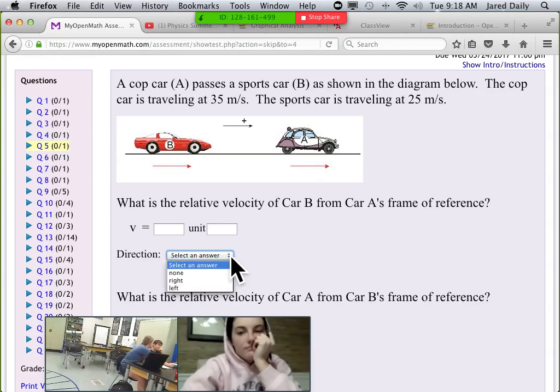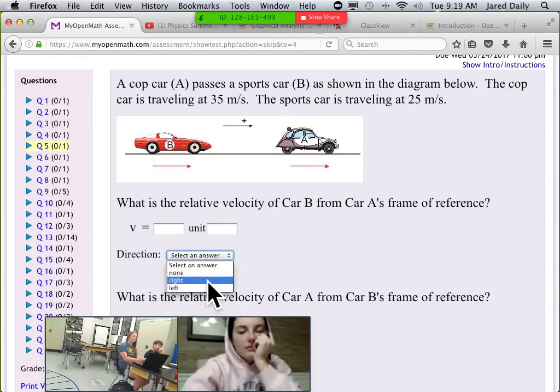Oh, but okay, so this is something that they've done in this that I should tell you, and I apologize for this. When they're telling you to give a relative velocity and they tell you to choose a direction, you don't want to put in the negative because the direction tells the negative. They actually haven't set up a coordinate system here telling us what positive and negative is, but they have given us an option for choosing direction.